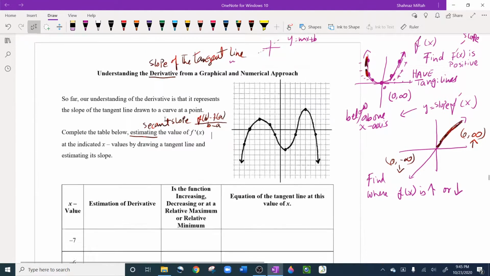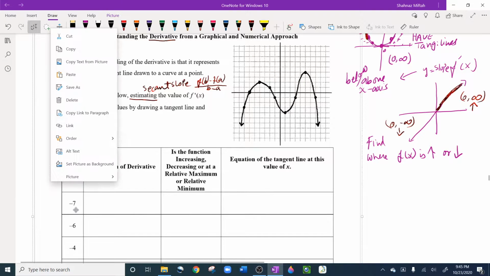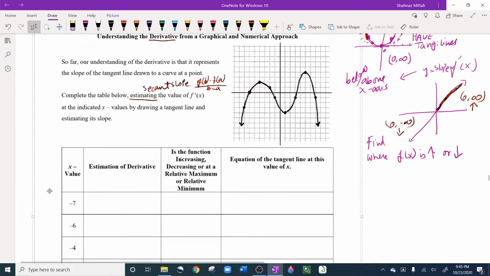So we're going to draw a tangent line at the x value they are telling me, and also estimate the slope. So let's try this one. The first one, estimation of the derivative, which means I'm looking for f prime of negative 7. Approximate. So where is the negative 7? 1, 2, 3, 4, 5, 6, 7. That's negative 7, which means my dot at negative 7 is this.